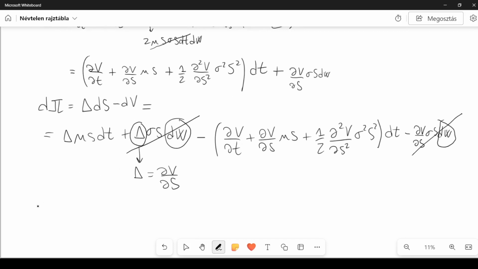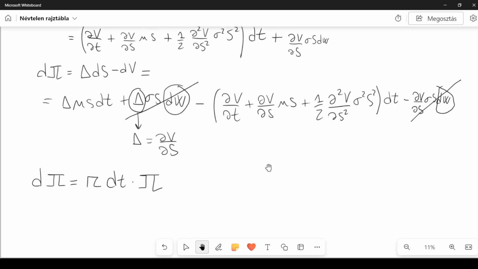So one last step is to rewrite the change in the portfolio by using the risk-free rate of change r. So we have r dt times pi. This is a definition of this rate of change, and it is due to the fact that our portfolio will have some kind of exponential variation, and this is how we define r. So if this were our differential equation, pi would be of the form pi 0 e to the rt.